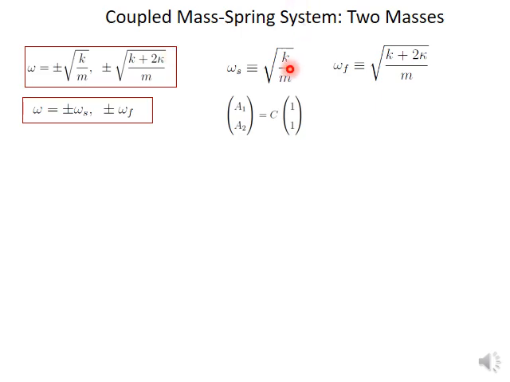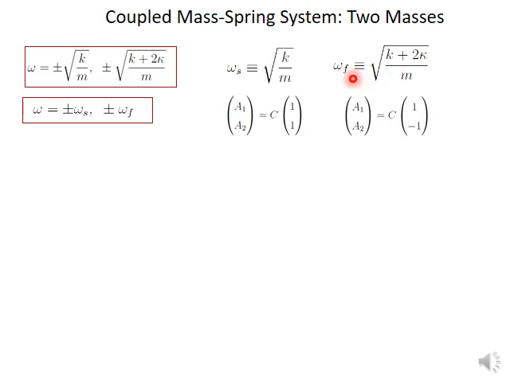As we saw earlier, for this type of solution a1 and a2 are directly proportional to 1 1. So maybe we can put an equality sign here and multiply by a factor c. If a1 is c, a2 would be c, and c is in general a complex number.